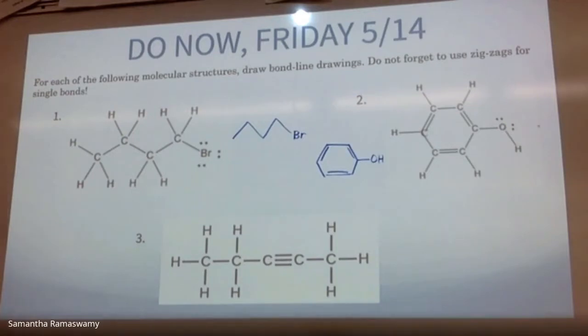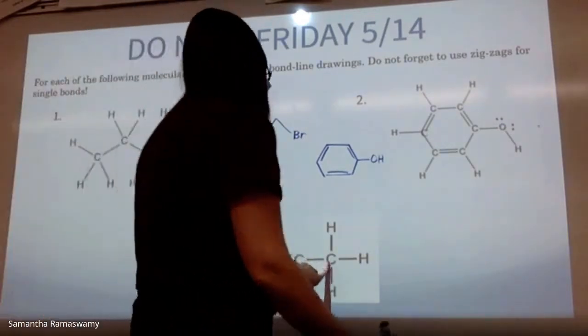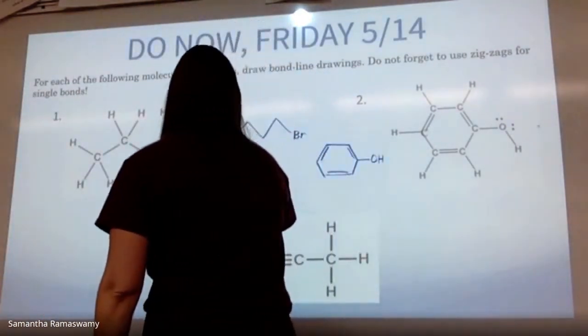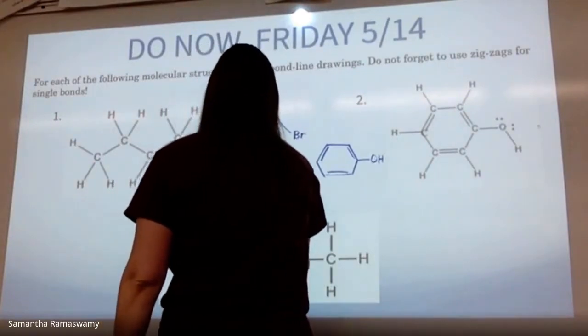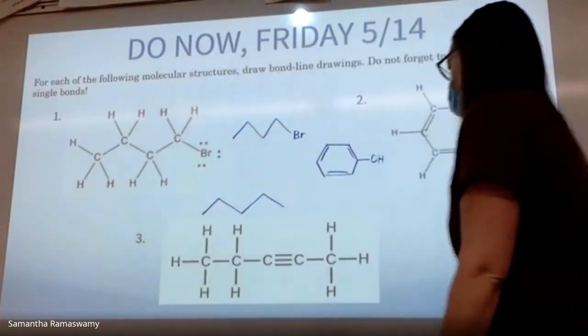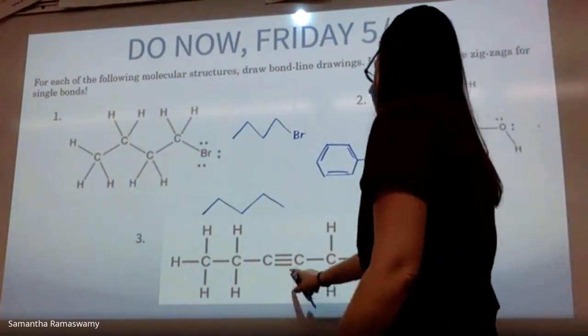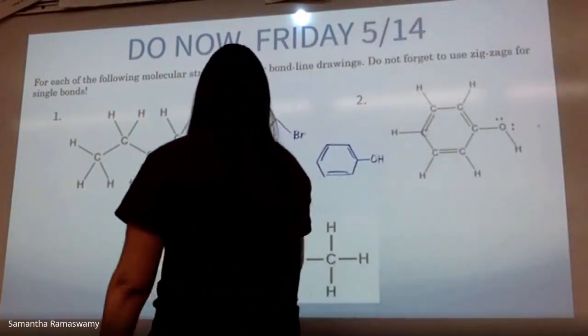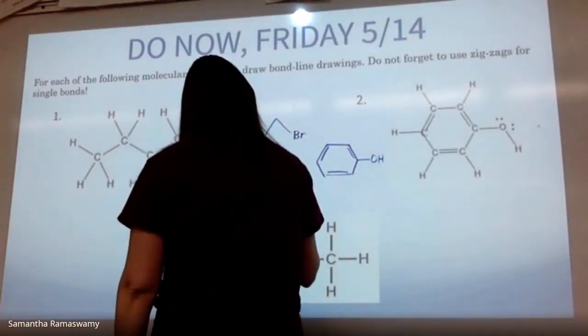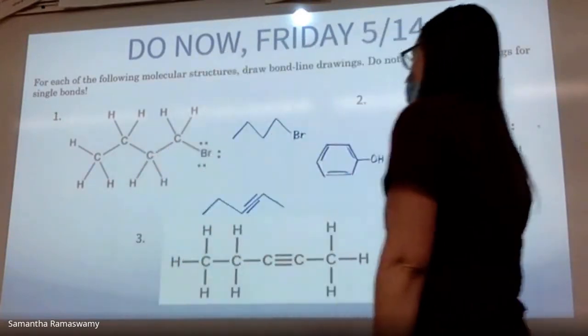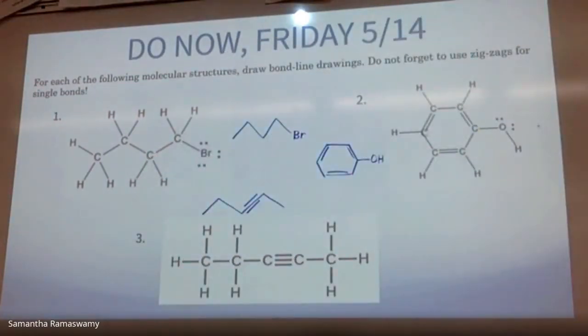And then for number 3, 1, 2, 3, 4, 5 carbons. 1, 2, 3, 4, 5 carbons. And then there's a triple bond between the third and the fourth. 1, 2, 3. Right, triple bond.